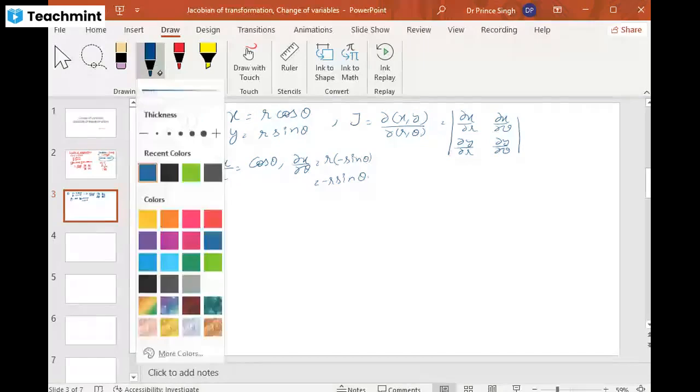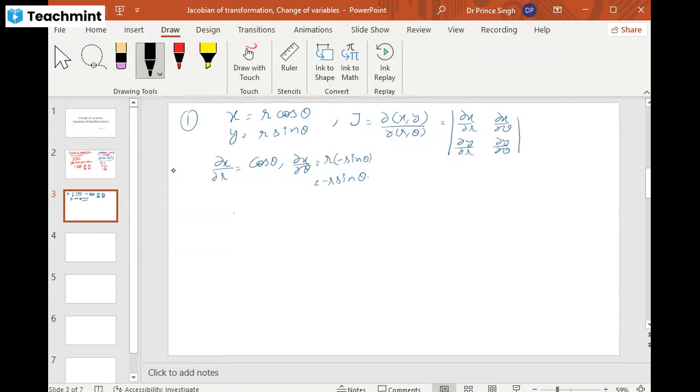Similarly, if we calculate the derivative of y with respect to r, it is equal to sine theta. And if we calculate the derivative of y with respect to theta, r is constant and the derivative of sine theta is cos theta, so its value comes out to be r times cos theta.